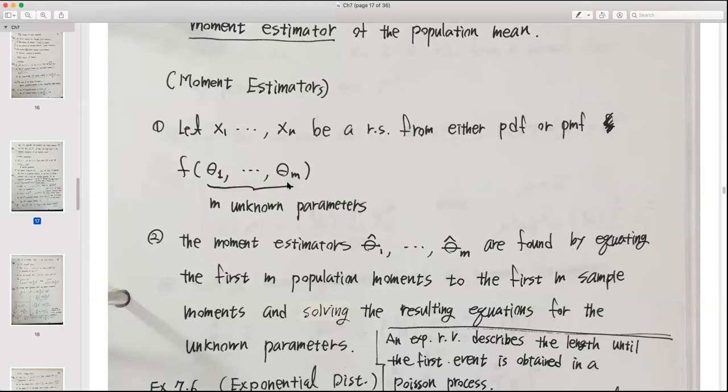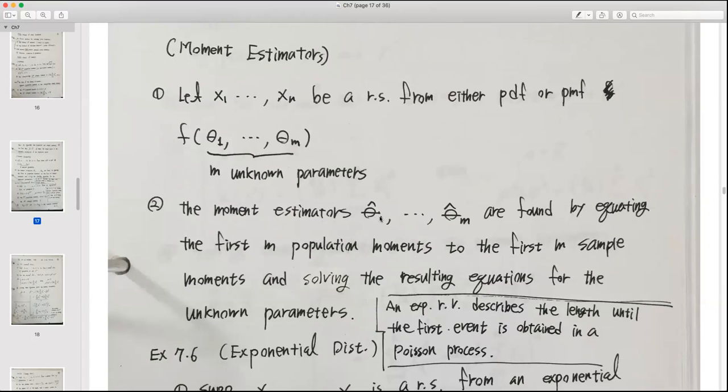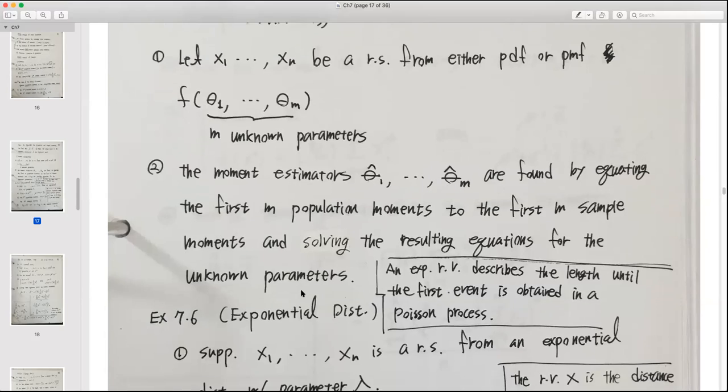Normally in this subject we only consider up to two or three population parameters, the population mean and the variance, or sometimes the population standard deviation. The moment estimators, denoted by theta 1 hat through theta m hat, are found by equating the first m population moments to the first m sample moments and solving the resulting equations for the unknown parameters.